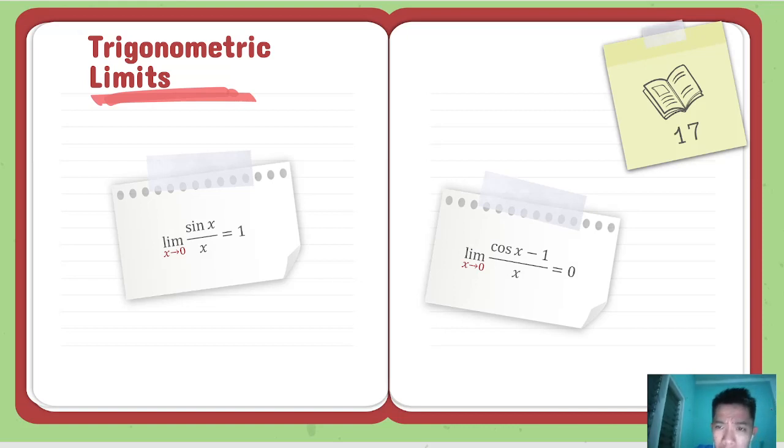Of course, cosine pi is equal to negative 1. So it becomes negative sine z over z. So this is now what it looks like.